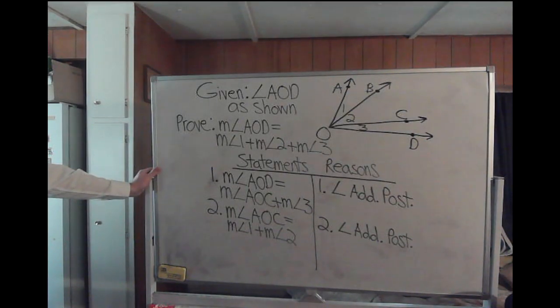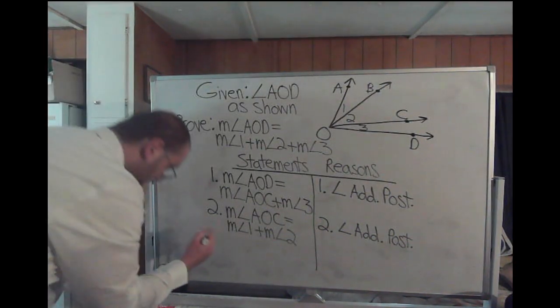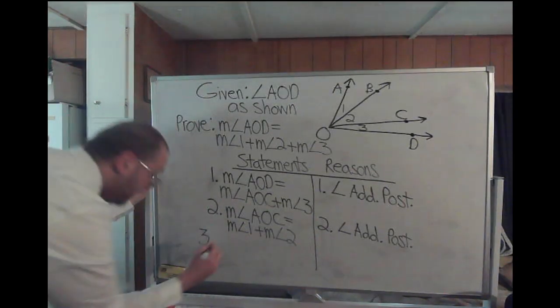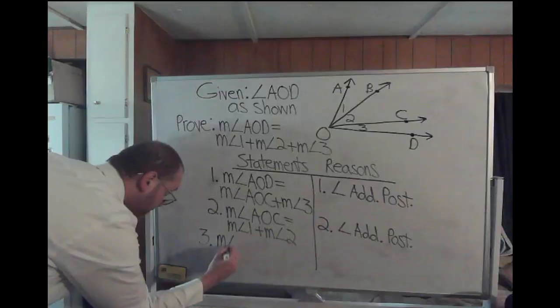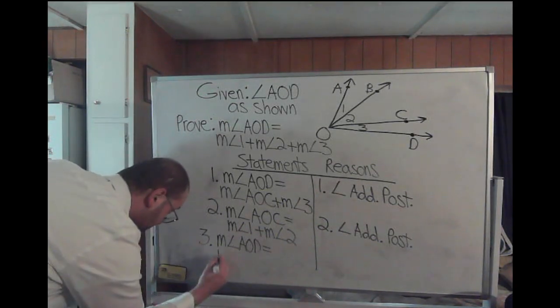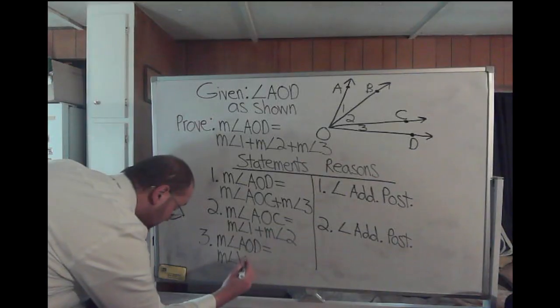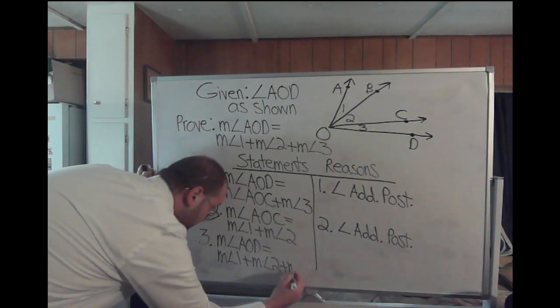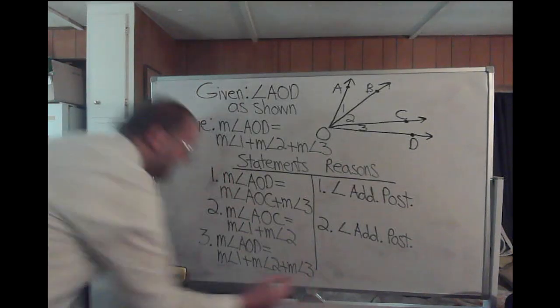Now, we have a tool at our disposal here. We can finish this proof in the next step. You know why? I'm going to tell you why here. So, step 3 will be the final step. It's going to read the measure of angle AOD equals the measure of angle 1 plus the measure of angle 2 plus the measure of angle 3. Why is that?